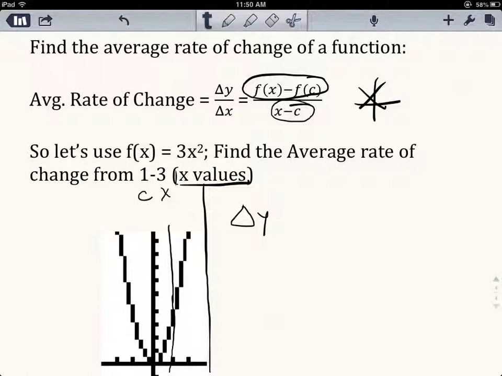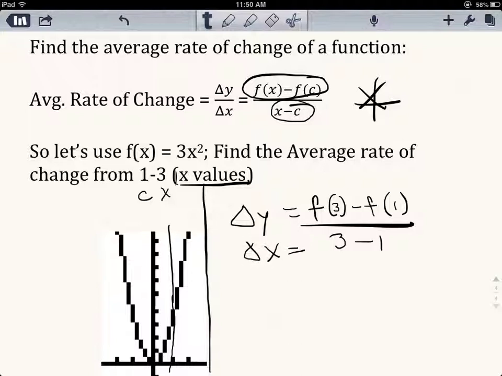So in this case, I'm labeling 3 as x and 1 is c. So my change in y is going to equal f of 3 minus f of 1, all over 3 minus 1, my x minus c, which is my change in x. Alright, so f of 3 in this case is 3 times 3 squared minus 3 times 1 squared, all over 3 minus 1.